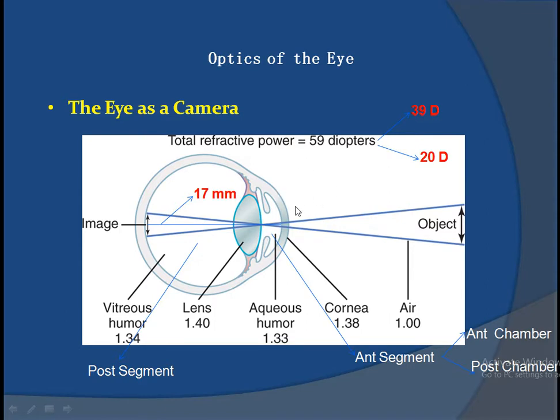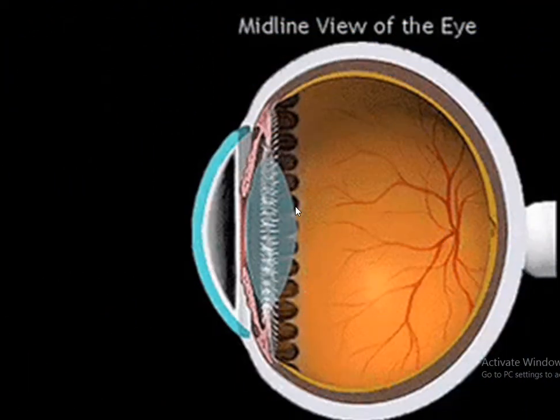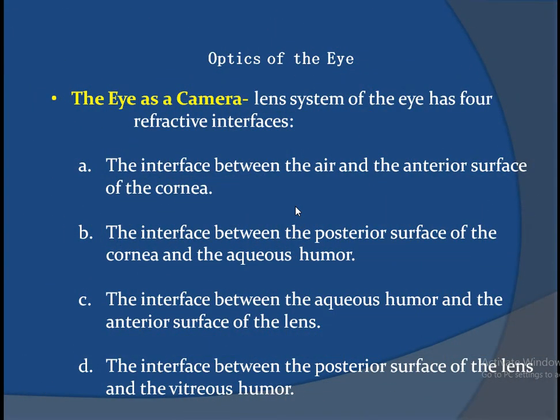Now I discuss the previous slide: the interface between air and the anterior surface of the cornea, the interface between the posterior surface of the cornea and the aqueous humor, the interface between the aqueous humor and the anterior surface of the lens, and the interface between the posterior surface of the lens and the vitreous humor.